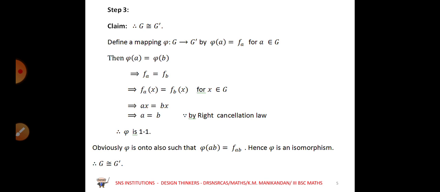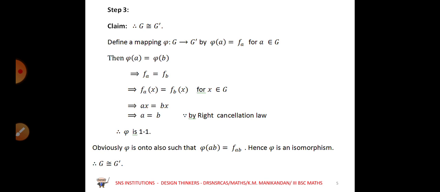Now let us define a mapping pi from G to G dash by pi of A is equal to FA for every A belonging to G, where A is an element of the domain set G. Now pi of A and pi of B are elements of the codomain set G dash. So whenever pi of A equals pi of B, by the definition pi of A is nothing but FA and pi of B is nothing but FB. So therefore FA will be equal to FB.